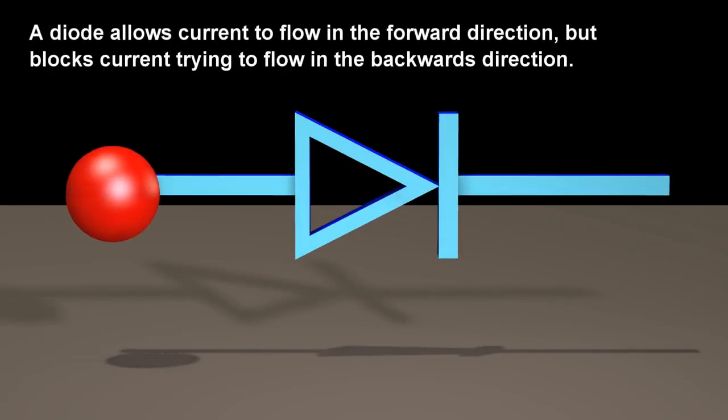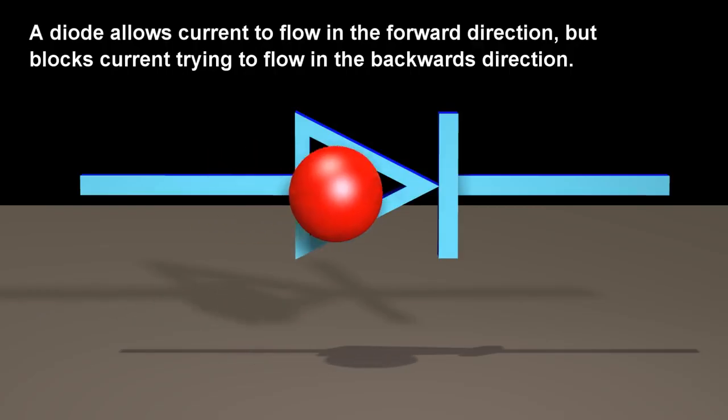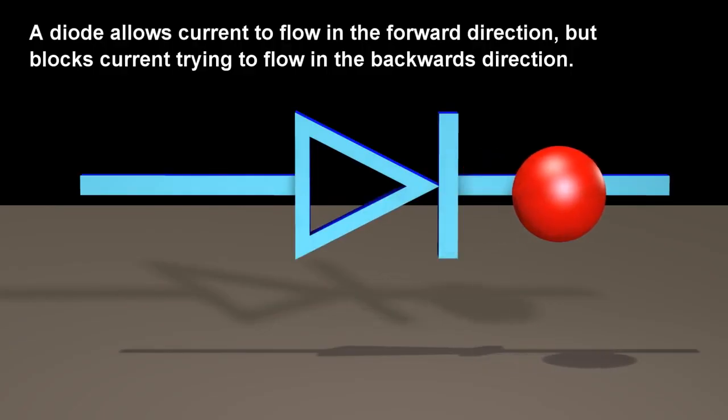A diode allows current to flow in the forward direction, but blocks current trying to flow in the backwards direction.